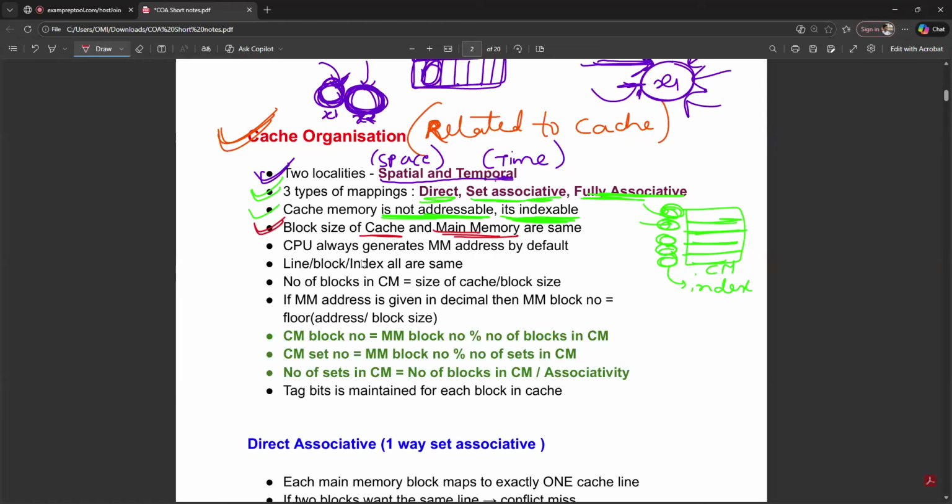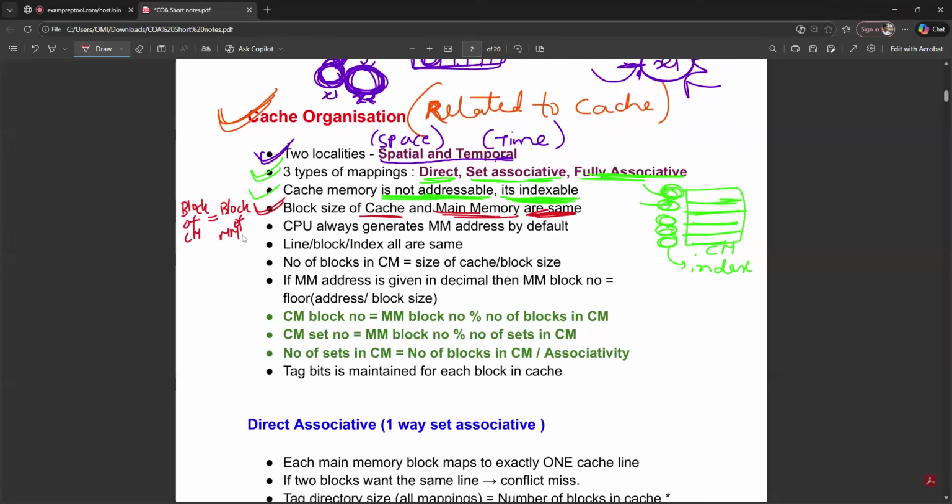So every time you have to assume that the block size of cache and main memory are the same. Block of cache memory equals block of main memory.